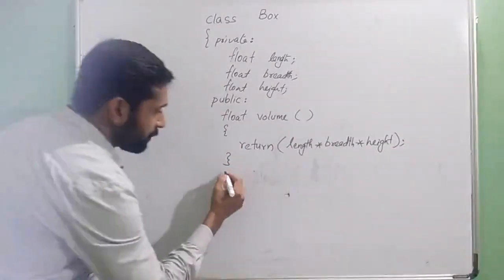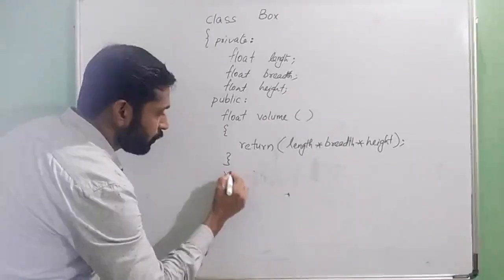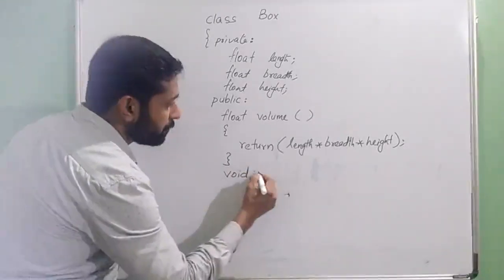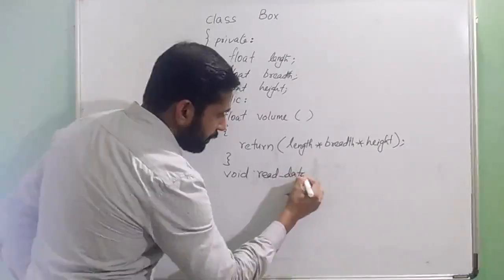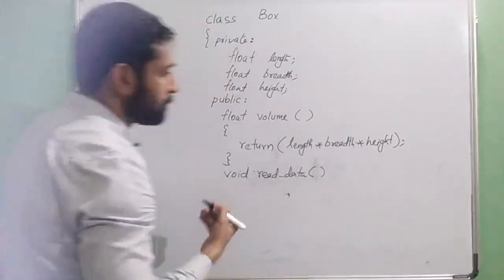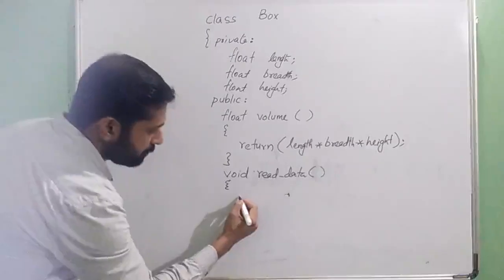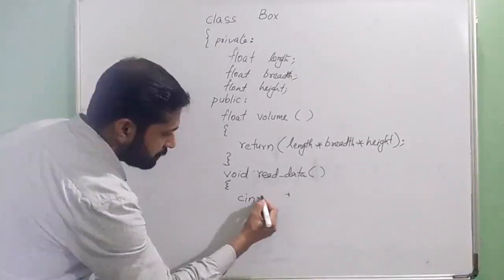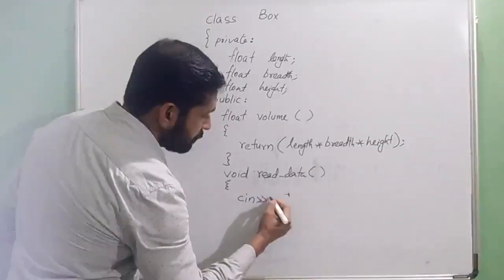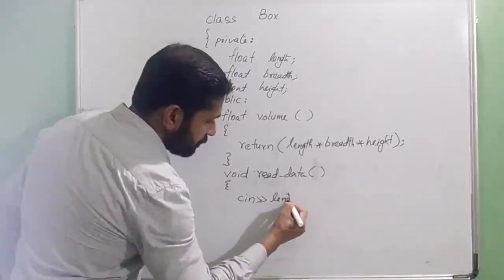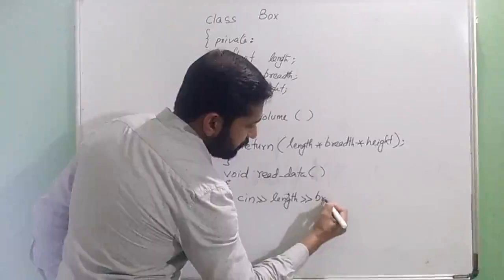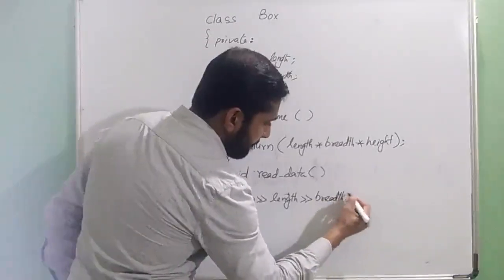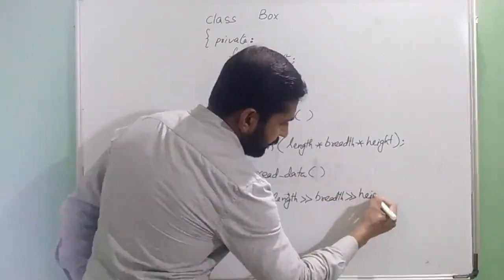Now we are creating another function, void read data, and cin length, breadth, height.